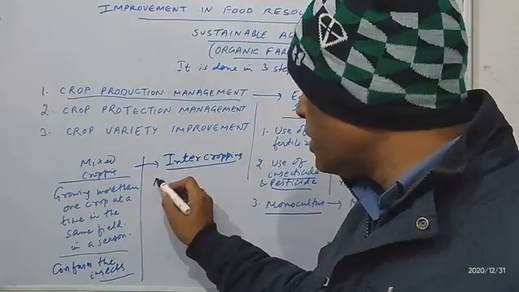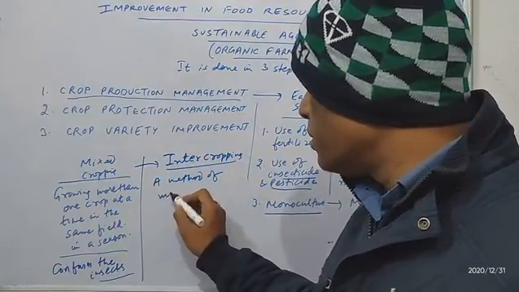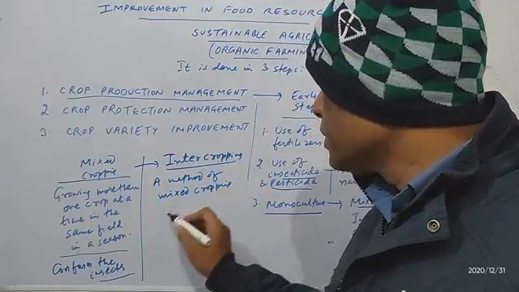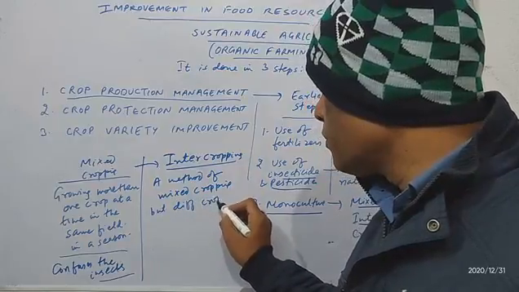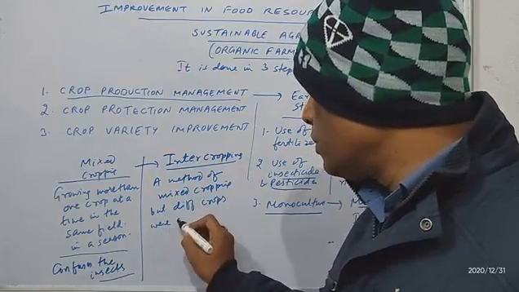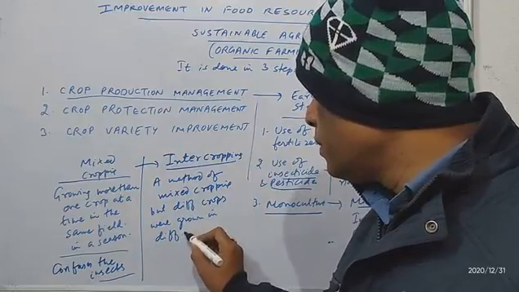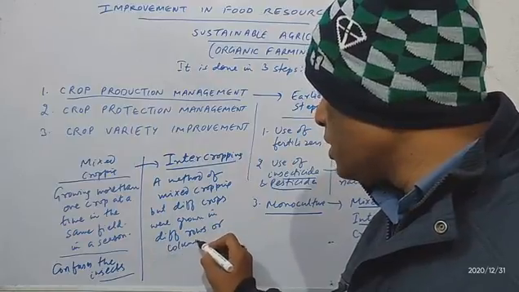Intercropping is also a method of mixed cropping. But different crops were grown in different rows or columns. I mean to say, you will understand this.